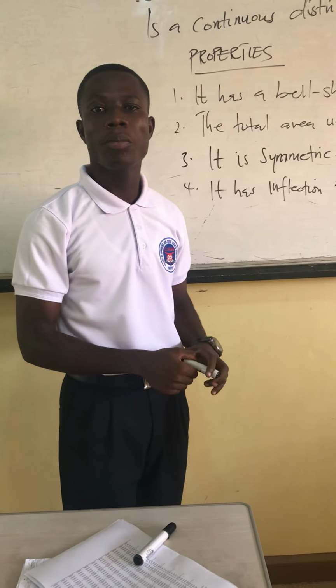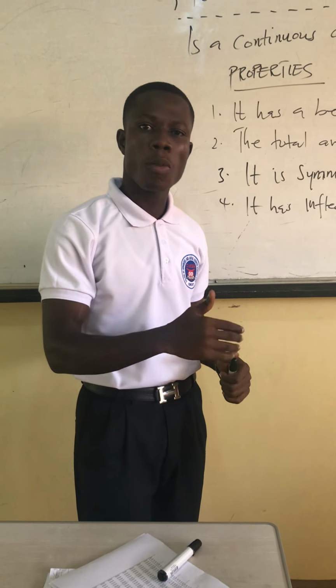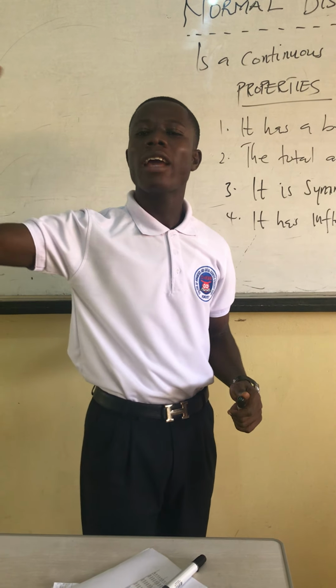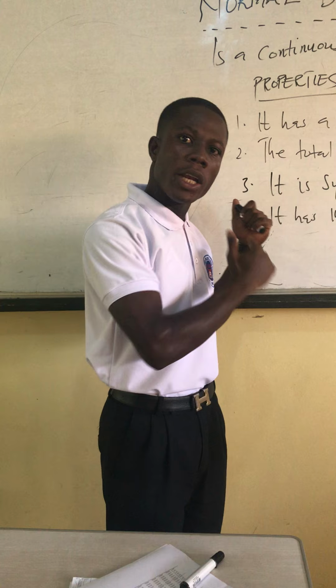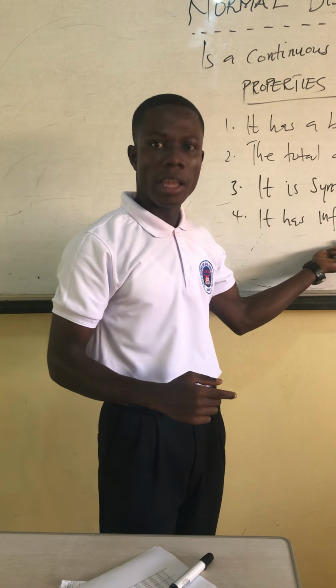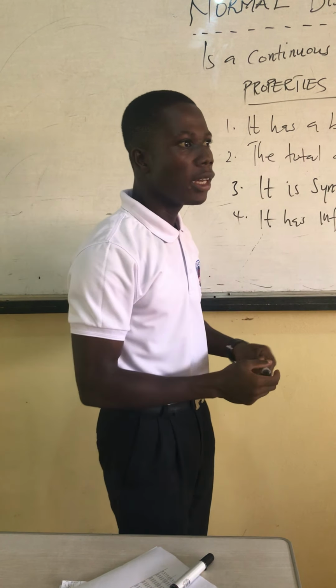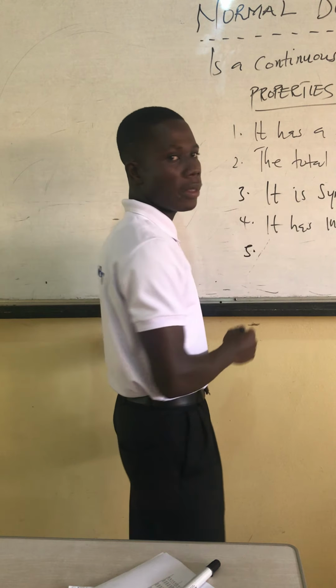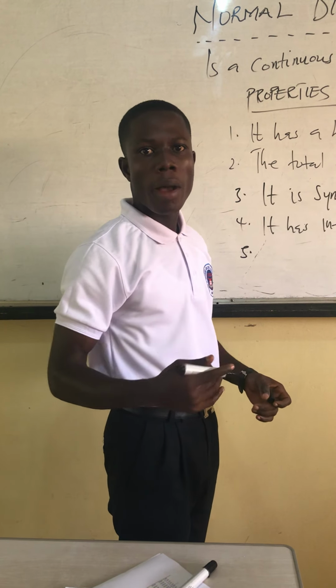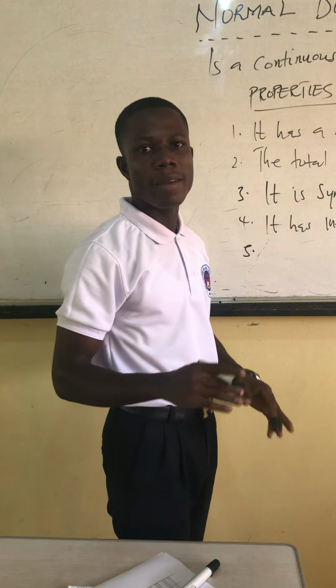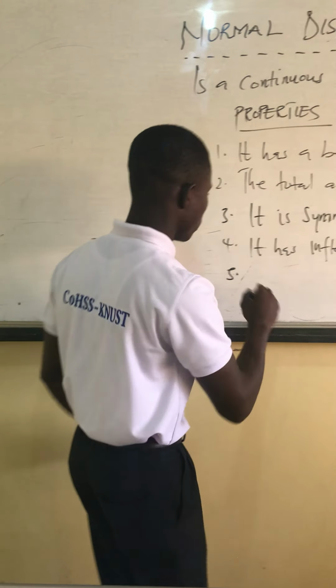When we say inflection point, it's a point at which the normal curve rises and falls. So I'll draw a distribution and I'll show you where the inflection points are located. The fifth property is that the normal curve approaches but never touches the x-axis.